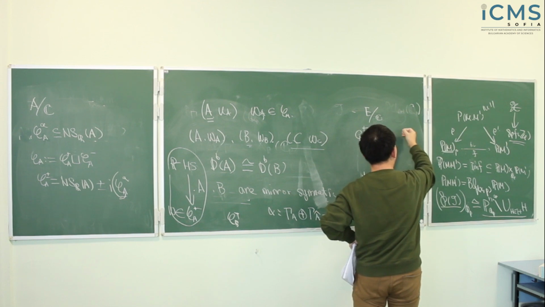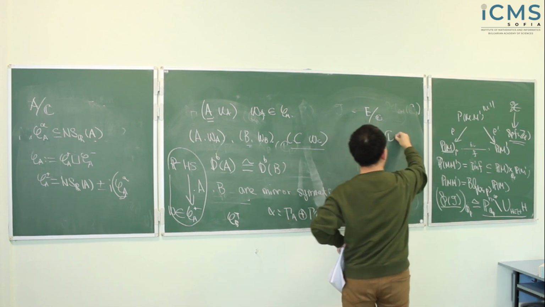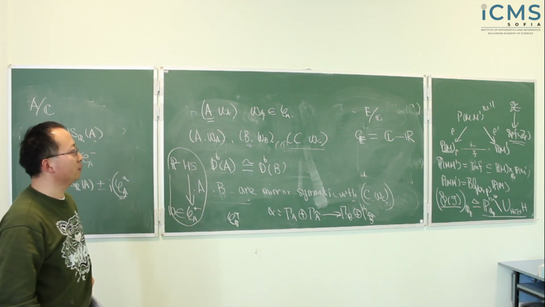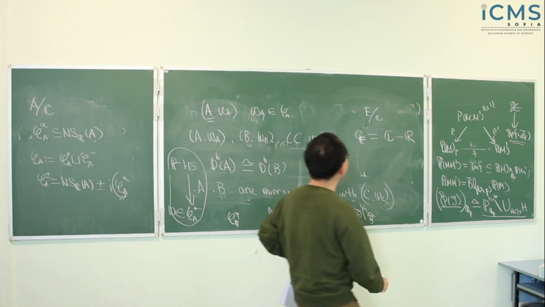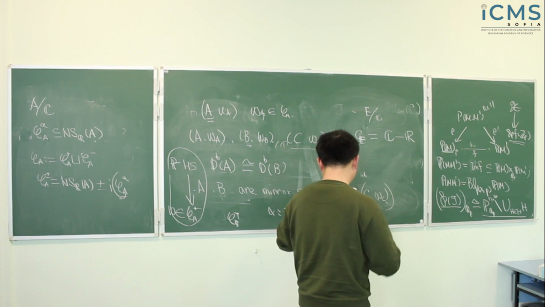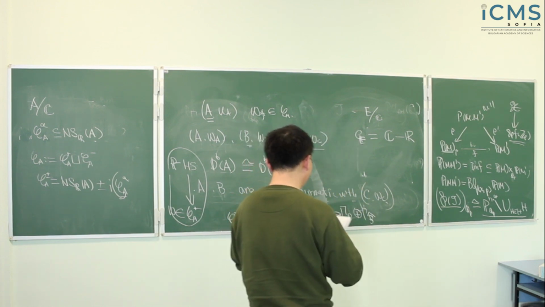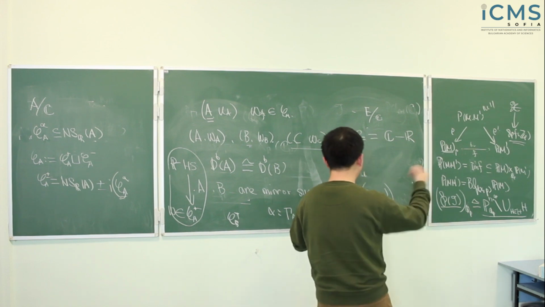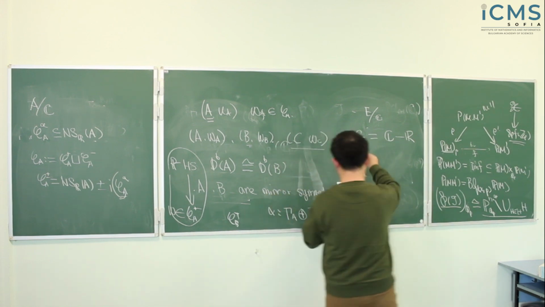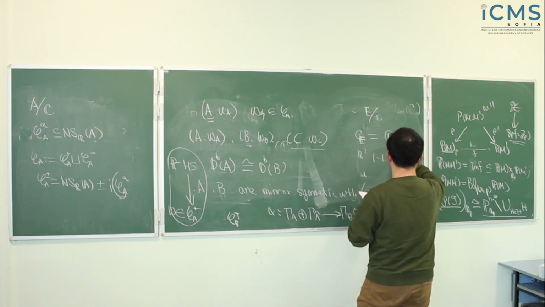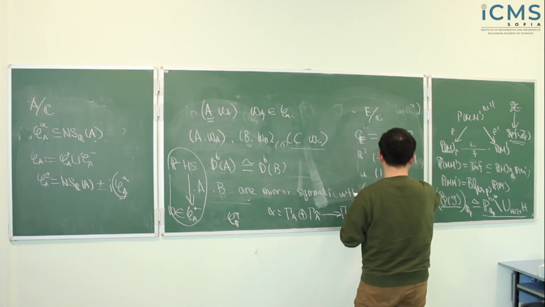It's just C minus R. You can do the calculation, and you know this guy. It's just a set parameterizing Hodge structures on R^2 with matrices negative 1, 0, 0, negative 1, and 1, 0, 0, 1.